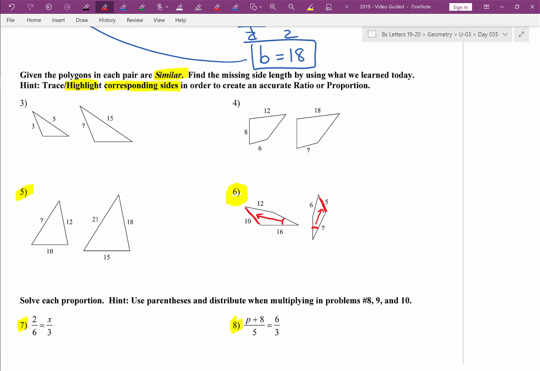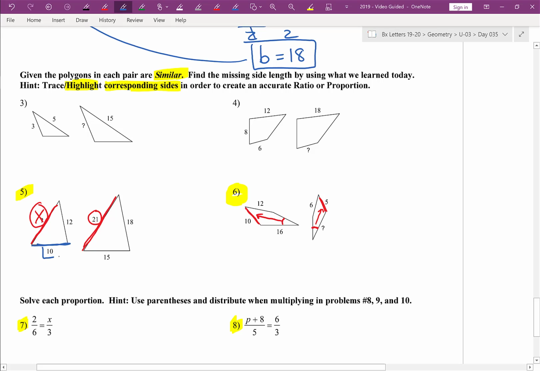For number 5, we're interested in this unknown, which I'll call x, and I see that that matches 21. And then I can also see that my base of 10 matches my base of 15. So I always like to do the big over the little equals the big over the little. I like proportions.